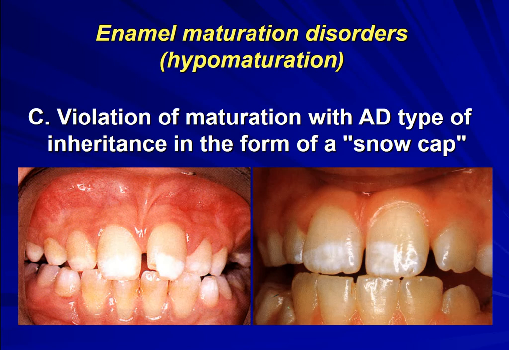Enamel maturation disorders. Hypomaturation. Violation of maturation with autosomal dominant type of inheritance in the form of a snow cap.